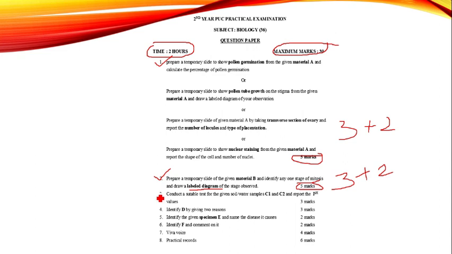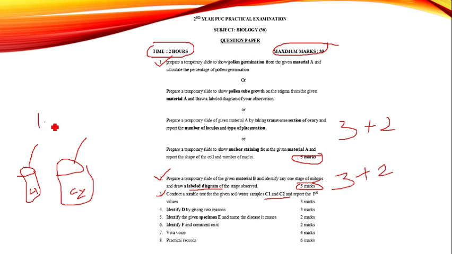Then the third question is identification of pH. They will give 2 samples, C1 and C2. They may give the 2 samples in beakers or in liquid form, and you have to identify the pH of C1 and the pH of C2.